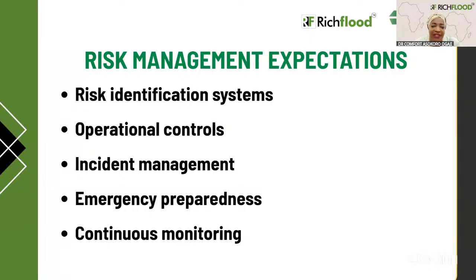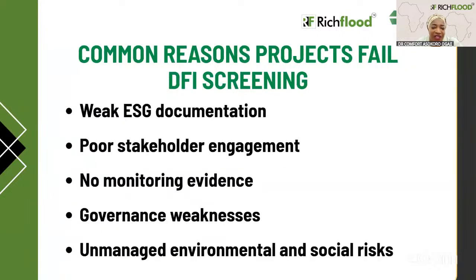The next slide is common reasons projects fail DFI screening. They fail financing assessments because the ESG documentation is weak, your ESIA is weak, the ESMP is weak, the air quality management plan is weak, the biodiversity management plan is weak, the stakeholders were poorly engaged, there is no evidence that you plan to monitor or that you are even monitoring.